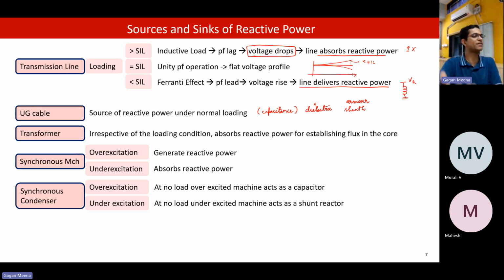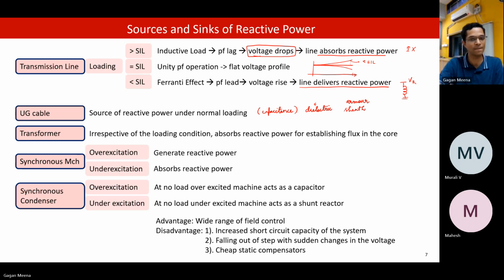So it's a capacitor bank. Several capacitors are connected in parallel and series combination. Depending upon the requirement of reactive power, these are switched. So here the advantage of the synchronous condenser is the wide range of field control, and because of that, it can work in both directions.